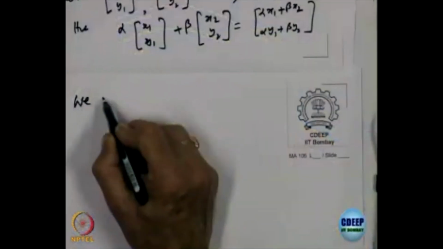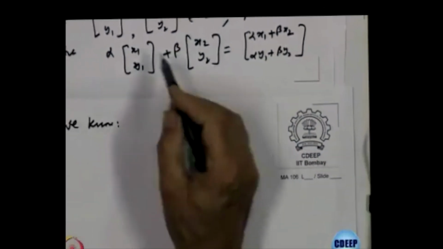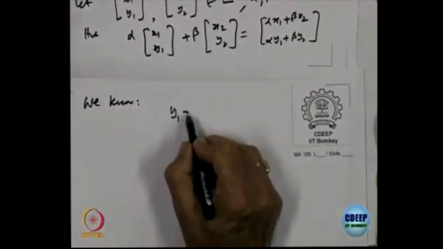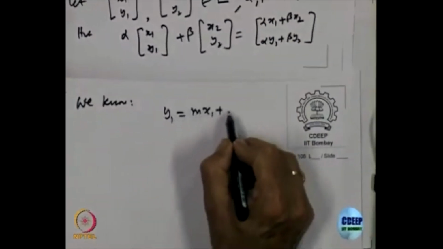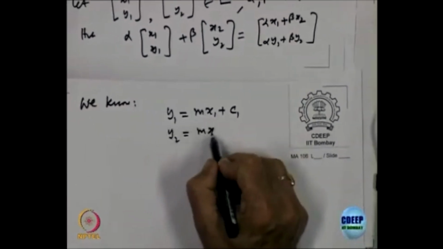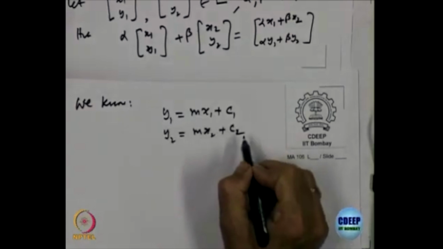Now let us go a step further and try to simplify this. What is the relation I know? We know that x1, y1 and x2, y2 belong to L. So y1 is equal to mx1 plus c1, and y2 is equal to mx2 plus c2.